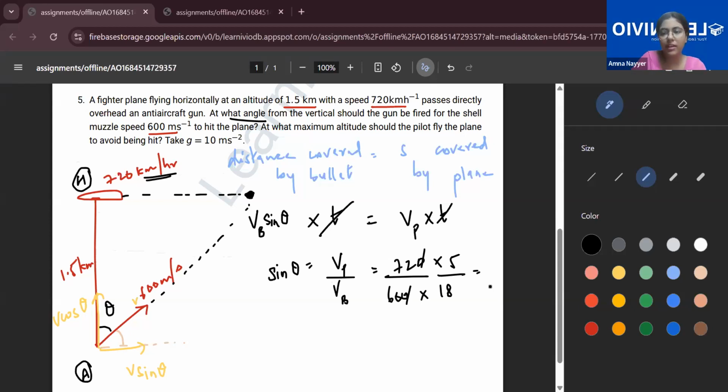So here it will be 1 by 3. Just check. Yeah, 1 by 3 will come. So from here we get our theta as sine inverse 1 by 3. That's the angle, first one. Is this clear?